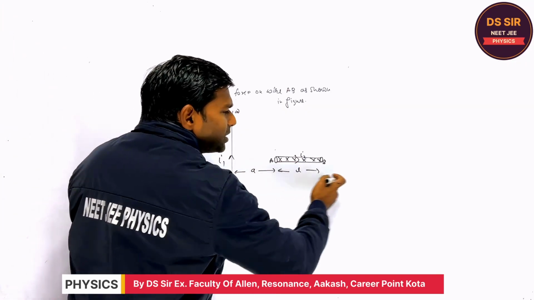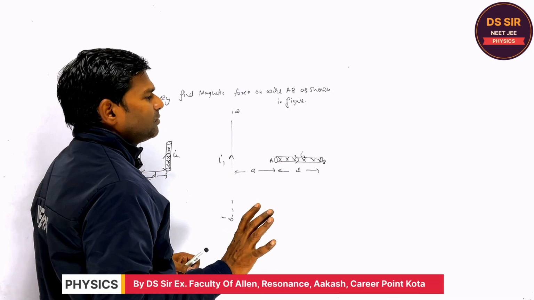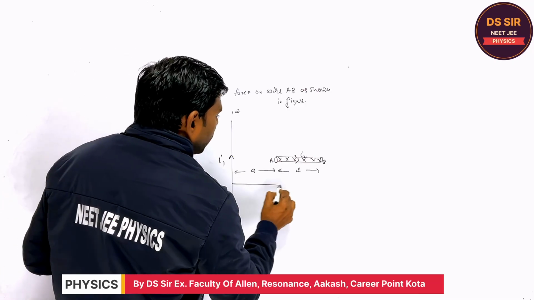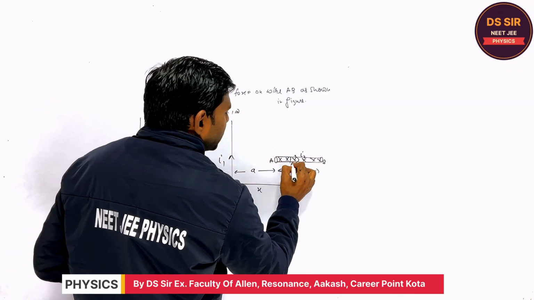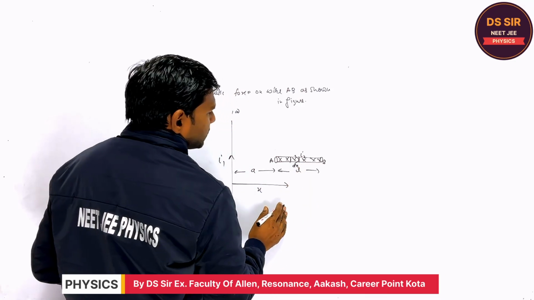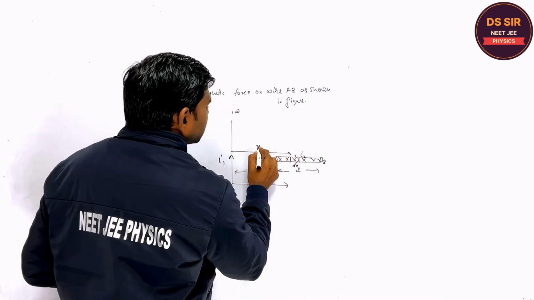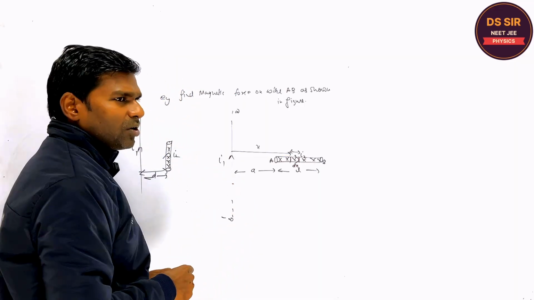But here as the distance is changing, the magnetic field is changing or not, you tell. So what will you consider if this is the distance x? And this is a small portion of width dx. At distance x, you consider the small portion of width dx. Is it clear or not?